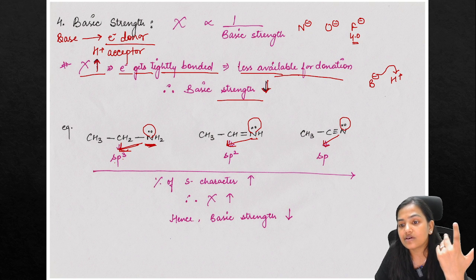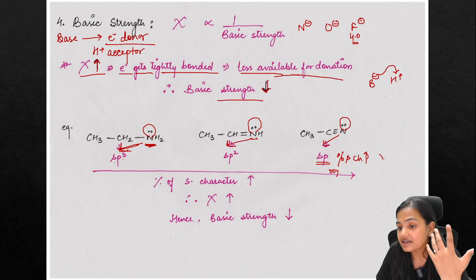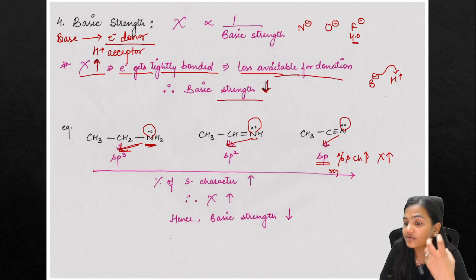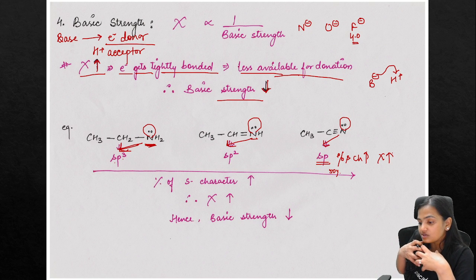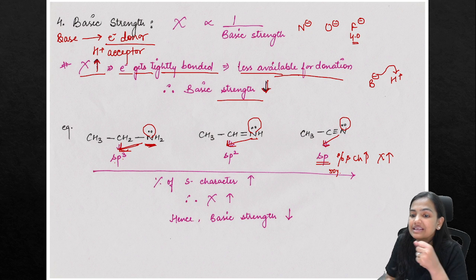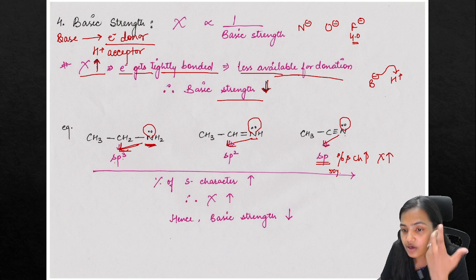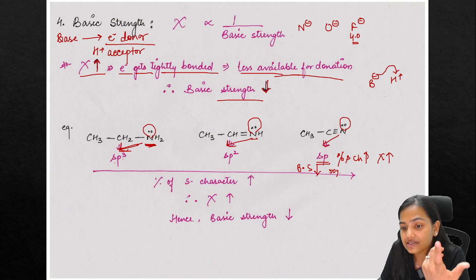So now guys, here the S character increases. As I told you, the percentage of S character increases, which is 50% here. So S character increases, electronegativity increases. Electronegativity increases means the tendency to keep the electron pair more tightly increases. So if this nitrogen keeps the electron more tightly, then it will not be able to donate, and the basic strength decreases.